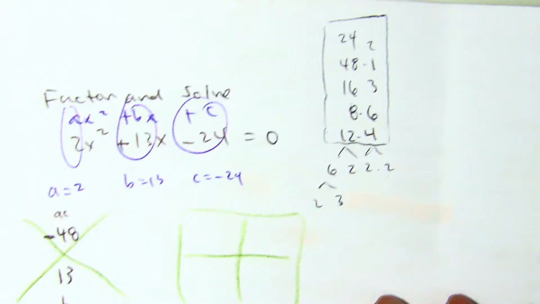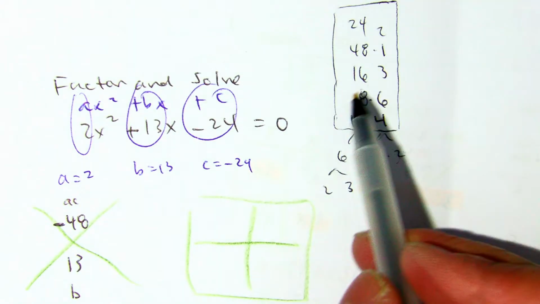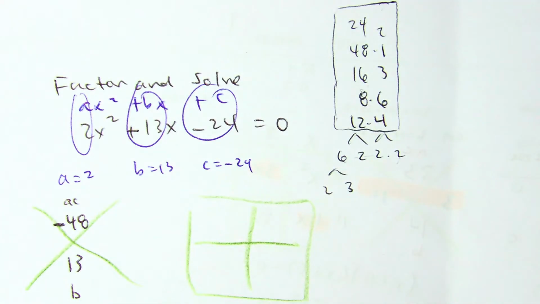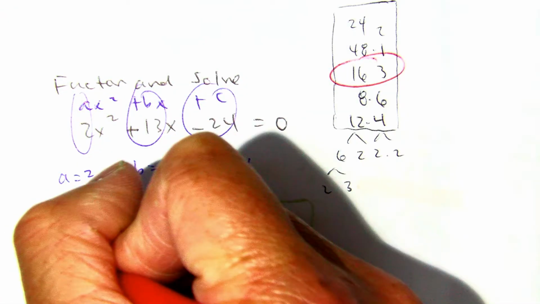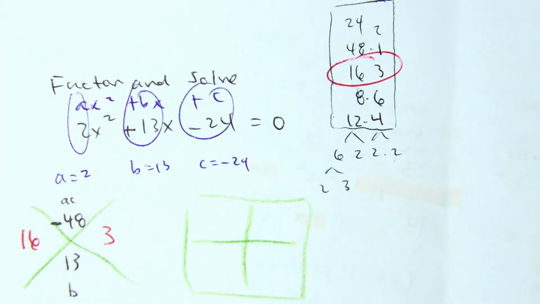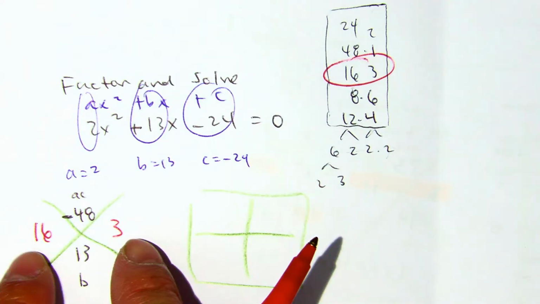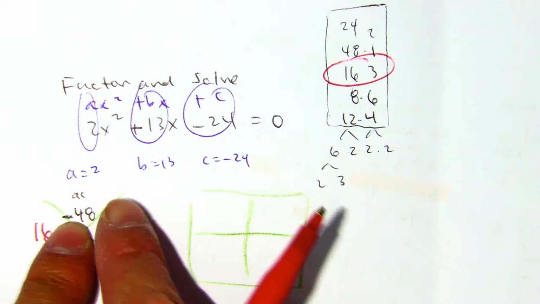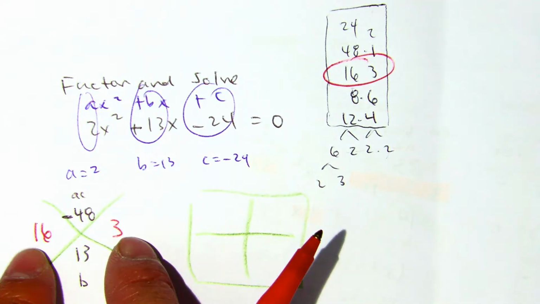Partner A, tell partner B which one of these, so that when you subtract will equal 13. Molly, which one? 16 and 3. Well, obviously they multiply to be a positive 48, but I need a negative. Now is the time that you're going to change them.